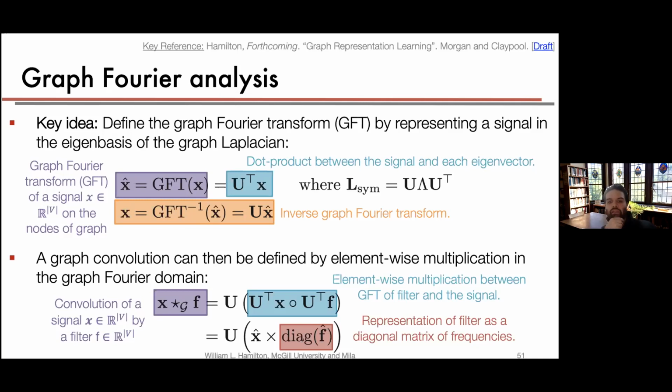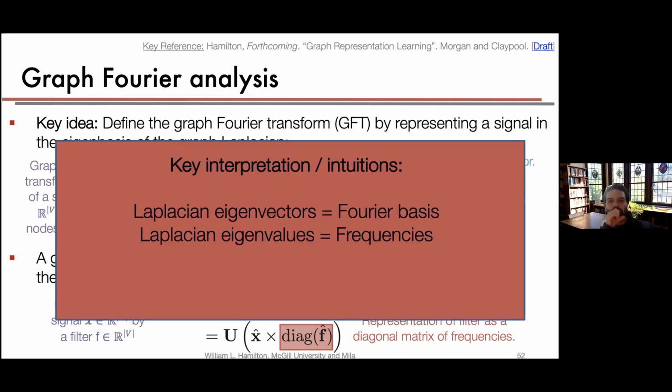Another way of writing this down is that we're taking the Fourier transform of our signal and multiplying it by some diagonal matrix. In terms of key interpretation intuitions here, the Laplacian eigenvectors correspond to our Fourier basis. And similarly, the eigenvalues of our Laplacian are the graph analog of different frequencies.